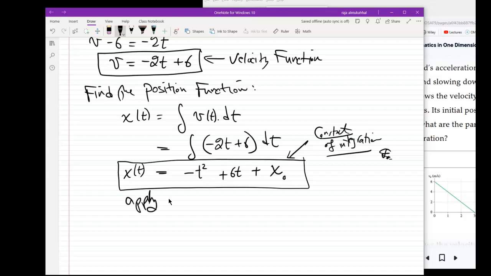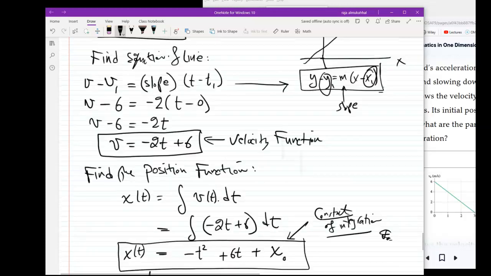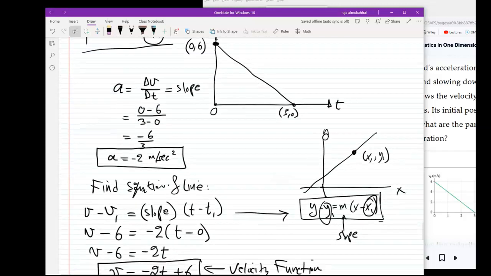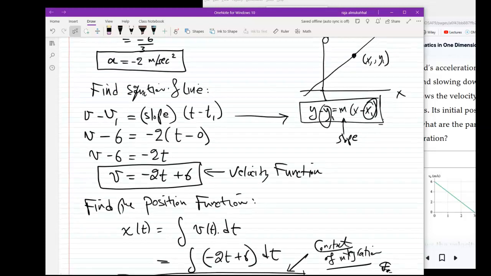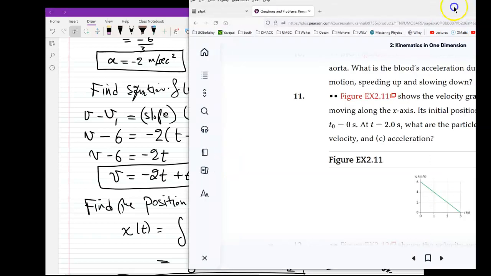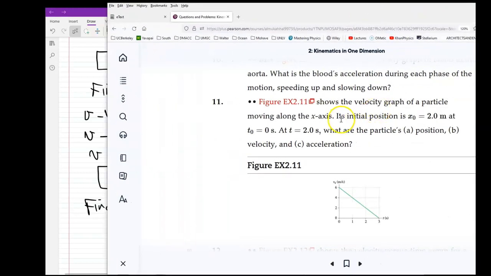Now I need to apply the IC, initial condition. So let's go back to what he said about the initial condition. Sorry, I need to go back to the problem. I thought I'd written it down. Right here. He says its initial position is x naught equal 2 at t equals 0. Okay, that's exactly what I want.